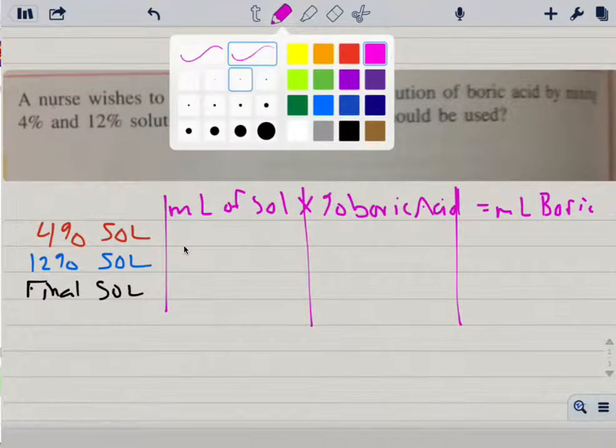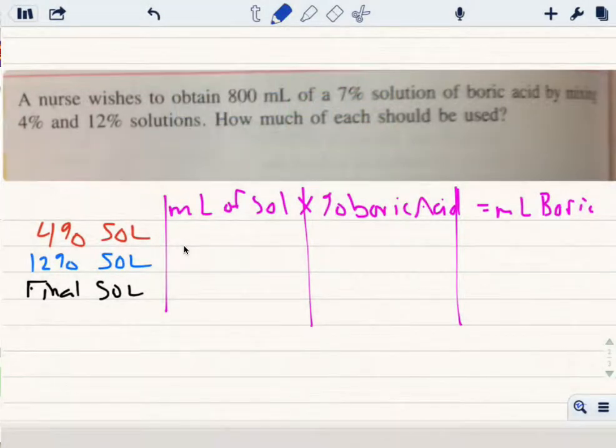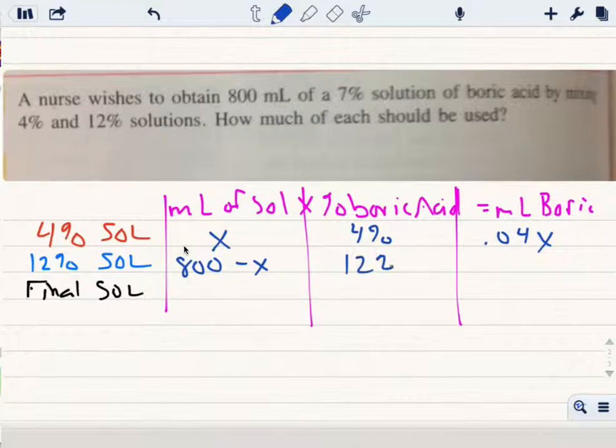Okay, so I don't know what my percent or how many milliliters of solution I have, but I do know if I have 4% boric acid, I have 0.04x. I know there were 800 total milliliters of solution, so there's 800 minus x milliliters of 12% solution, and it's 12%, so I get 0.12 times 800 minus x.